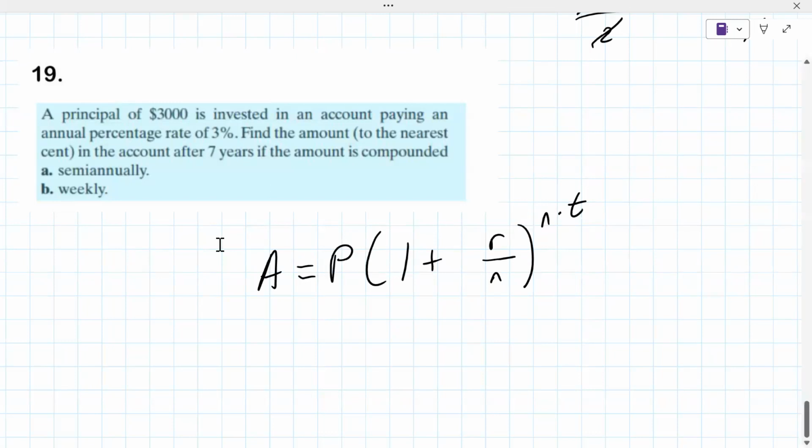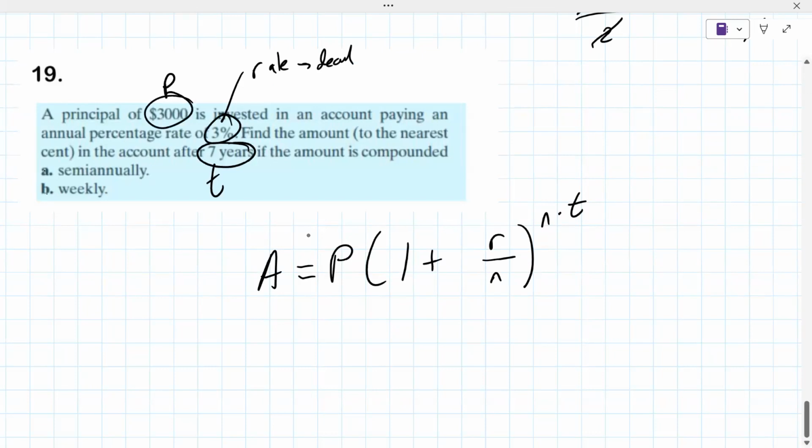You need to know what each of the letters are. P is the principal. This is your rate, but it has to be a decimal. This is the number of years, T.